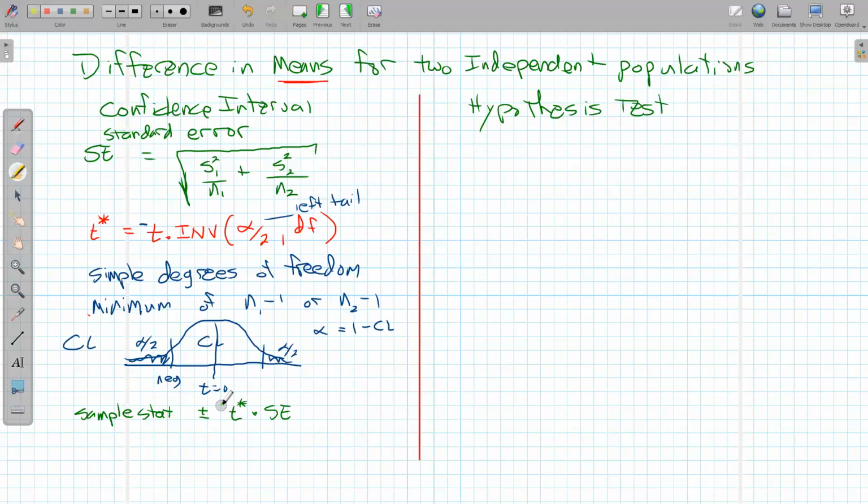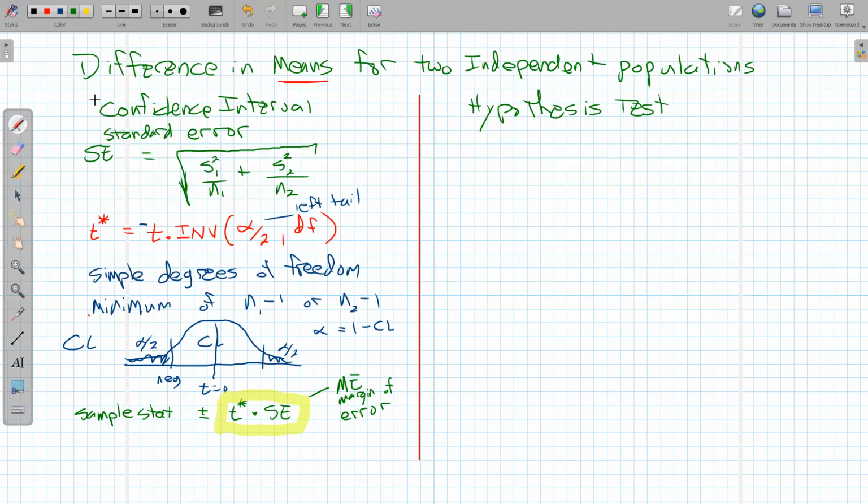And this number that we're adding and subtracting here, that's our margin of error.